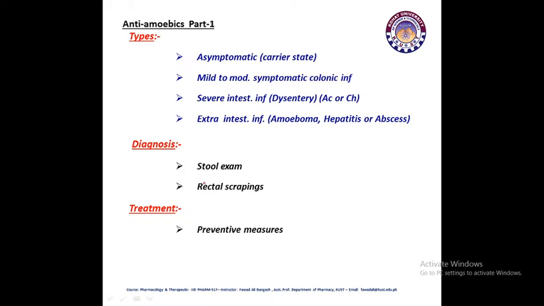Treatment: preventive measures, like precautionary non-pharmacological measures, improving hygienic conditions and status. The second one is the drugs. Anti-amoebic drugs: first we discussed the pathophysiology of how amoebiasis is caused.